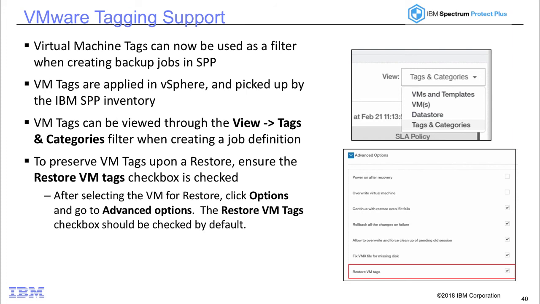So that is how you pick those particular virtual machines for backup. We will restore the VMware tags when you restore a virtual machine if you check that option. And as you can see, that is down there at the bottom on Restore VM Tags. So that just puts the tags back in VMware when you restore the VM.